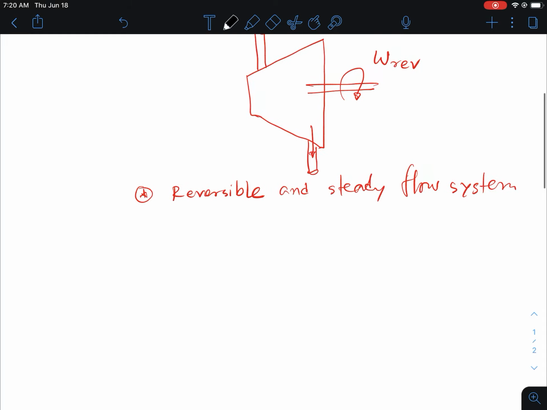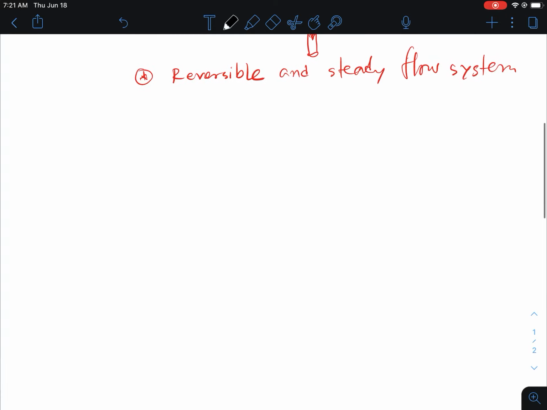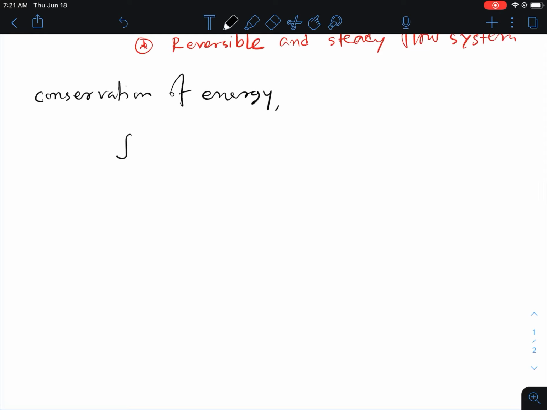But for the reversible and steady flow system, energy is entering and leaving the system, so we have to use the conservation of energy, the first law of thermodynamics.